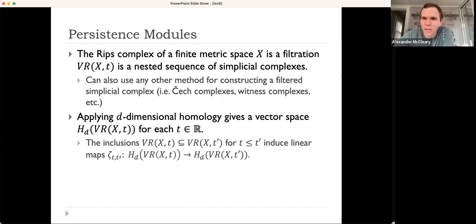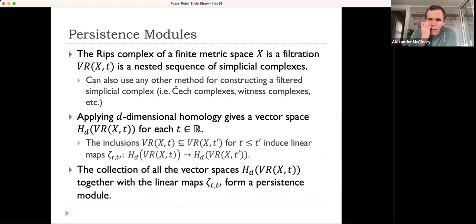That's not necessarily the case, a common misconception. So these linear maps are not going to necessarily be inclusions, but that's okay. We still have linear maps. And so we call the collection of all of these vector spaces together with all of these linear maps a persistence module.